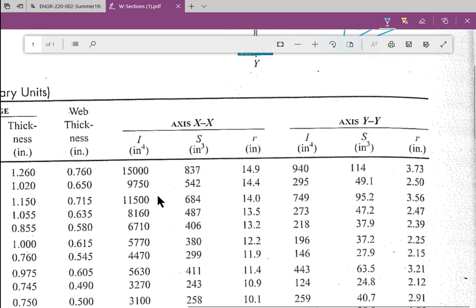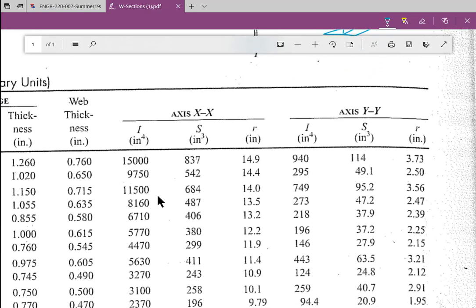In that case, you use these three at the far right that are under the axis YY columns. Those are not the normal orientation for loading the beam. So unless you're specifically told that this beam is loaded on its side, or it's drawn sideways with loads on the side of it or whatever, then you're not going to use the axis YY set of stuff. You're going to use the XX because that's the normal orientation for these beams.